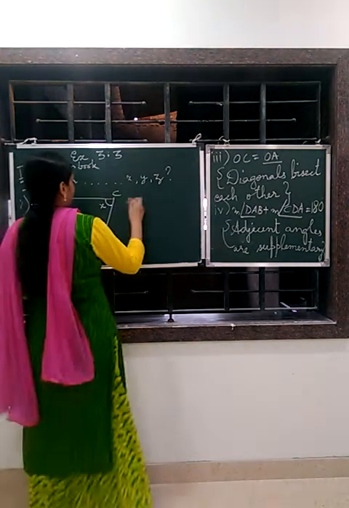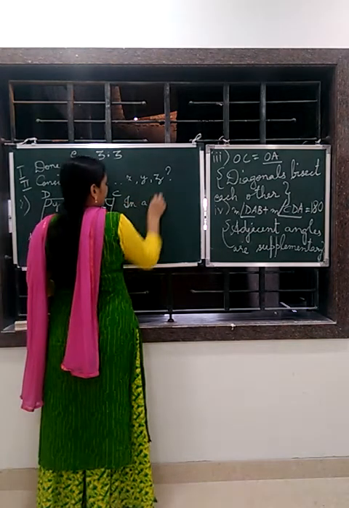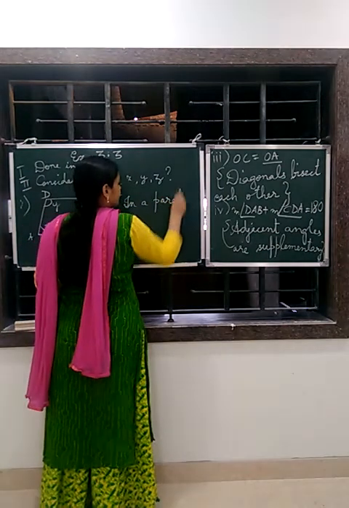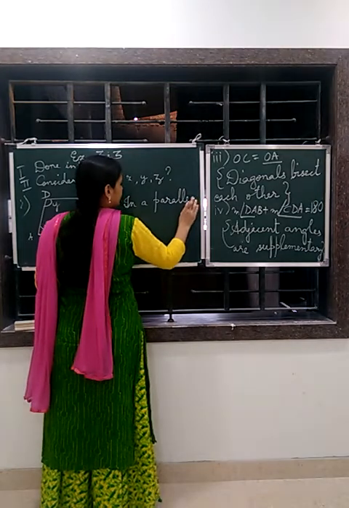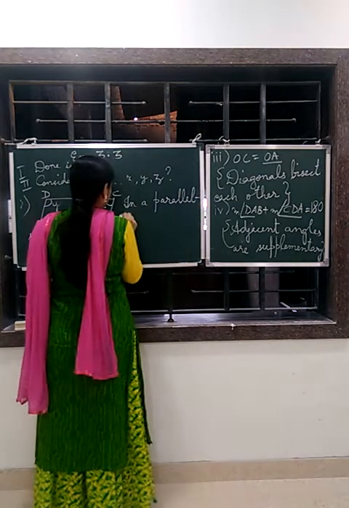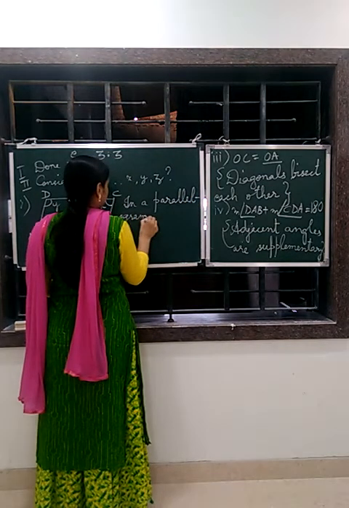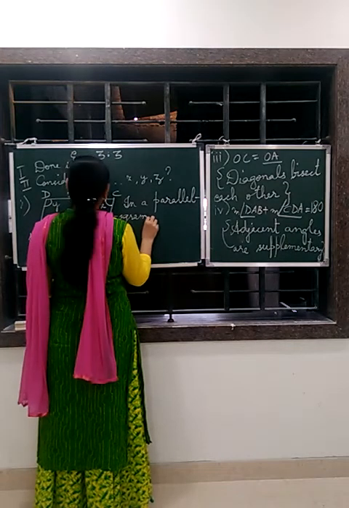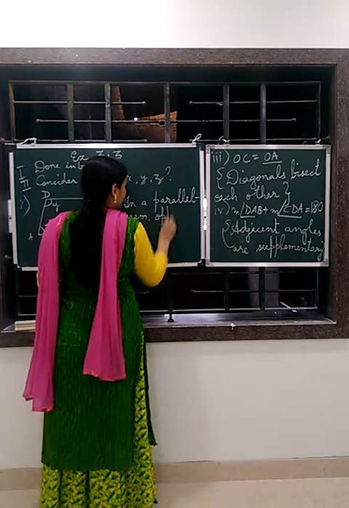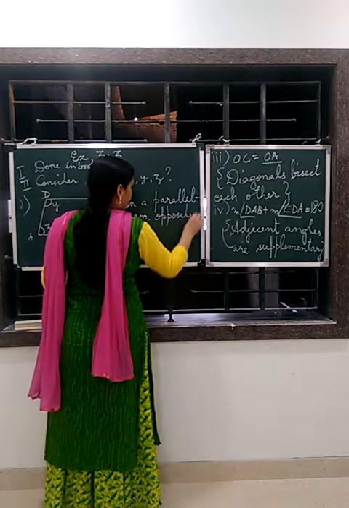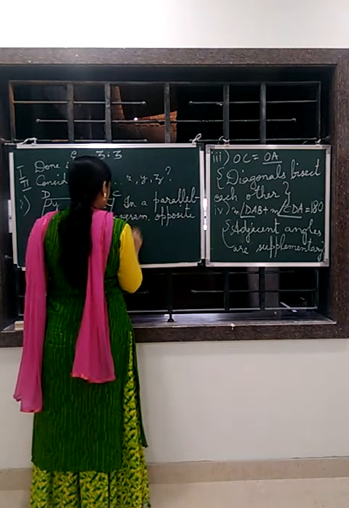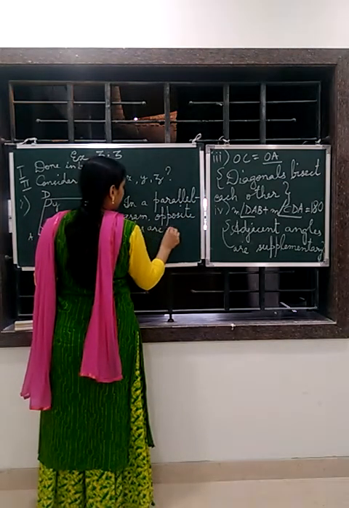So, in a parallelogram, opposite angles are equal.